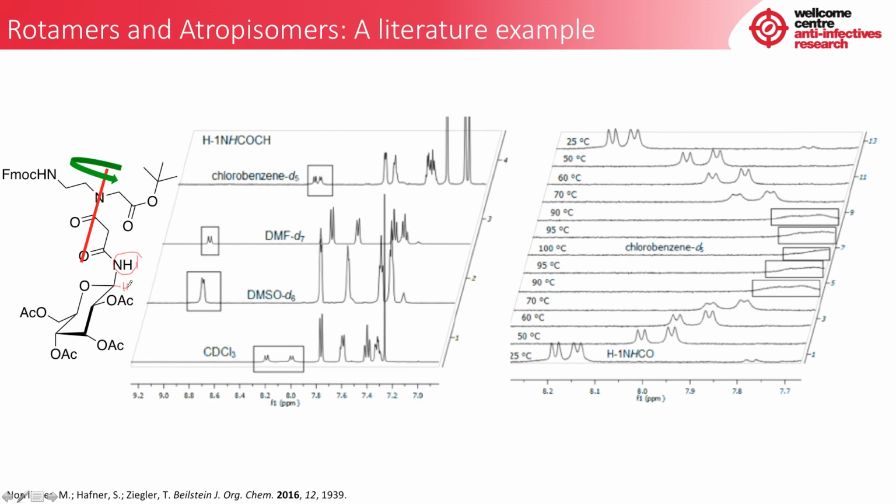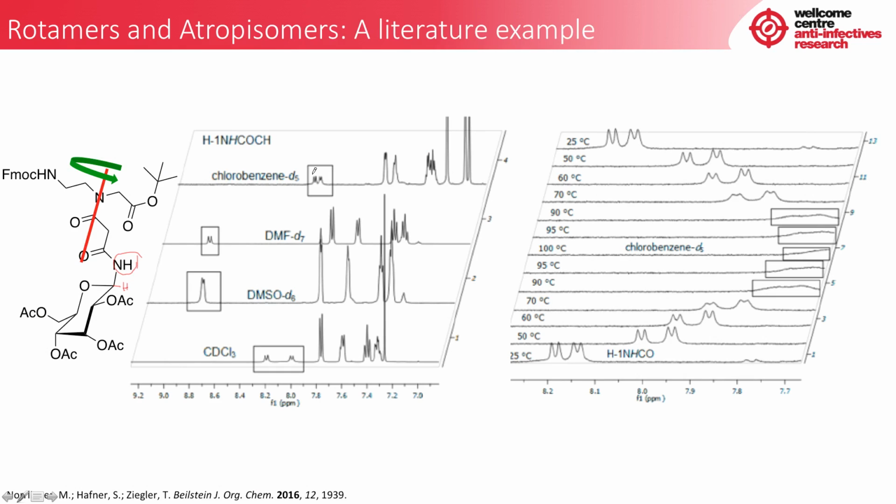Now they've tried a range of different solvents, and you can think of these interconversions, conformational changes, as being like a chemical reaction in the sense that some solvents will allow it to happen more easily, would be favourable, and others will make it more difficult depending on the interactions between the molecule and the solvent.